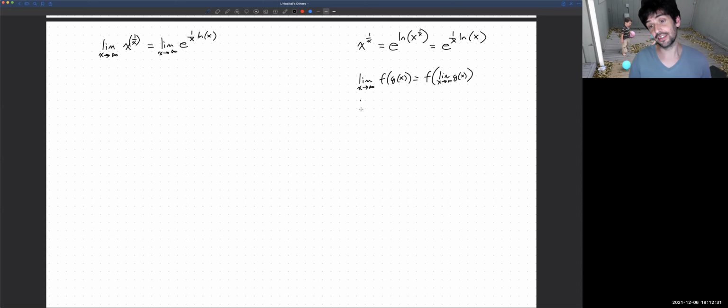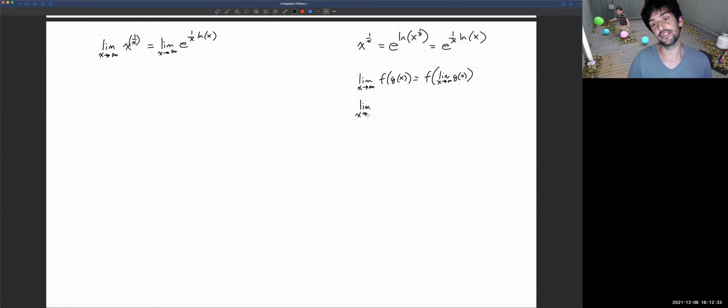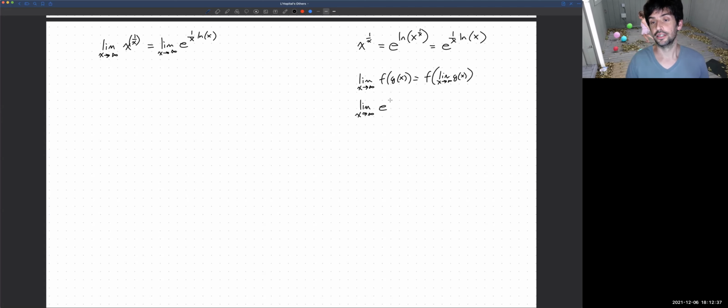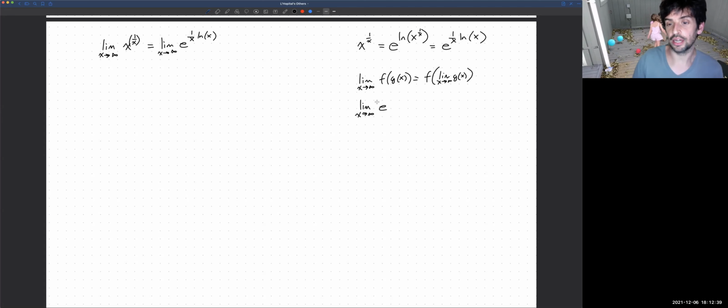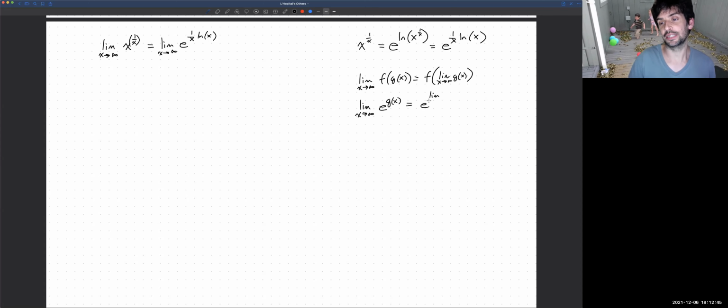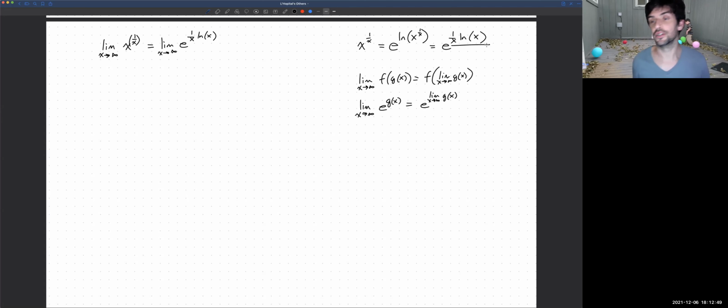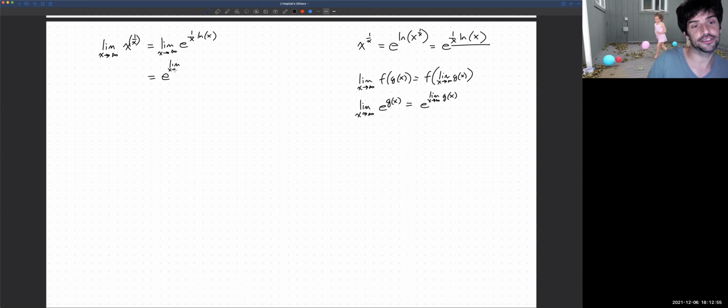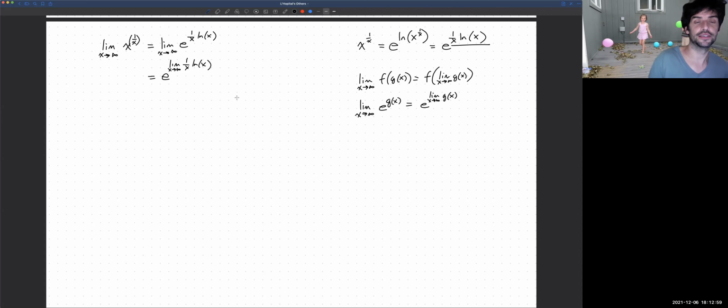So in this case, in particular, e is my function, and I'm going to take the limit into the exponent. The g of x will be that thing that we have up here. Okay, so my next line is to write this as e to the limit as x goes to infinity of 1 over x natural log of x.